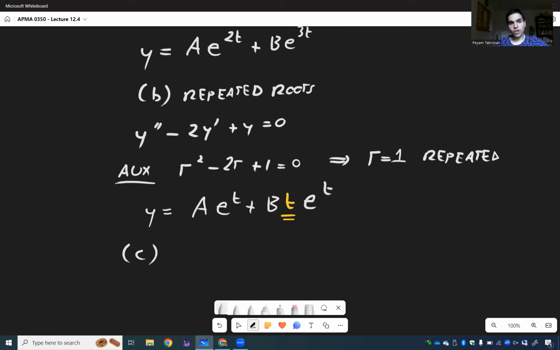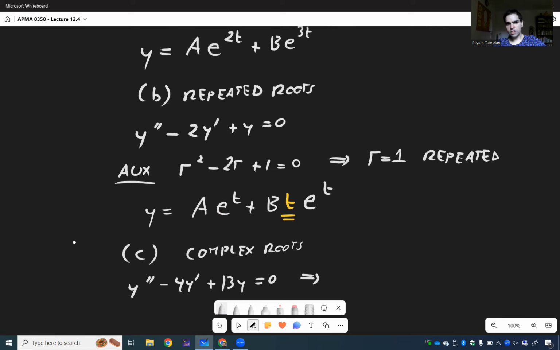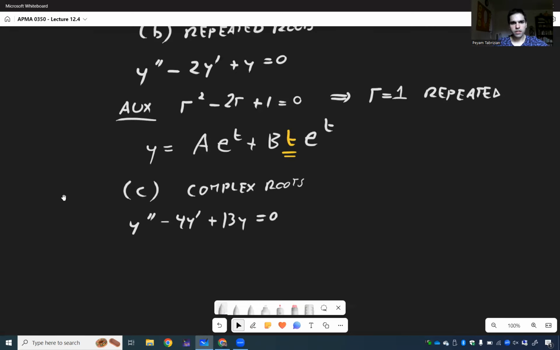And last but not least, we have complex roots. Like in the equation y'' - 4y' + 13y = 0, whose auxiliary equation is r^2 - 4r + 13 = 0.